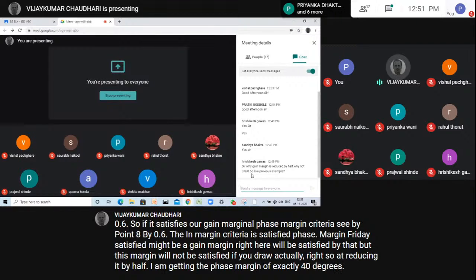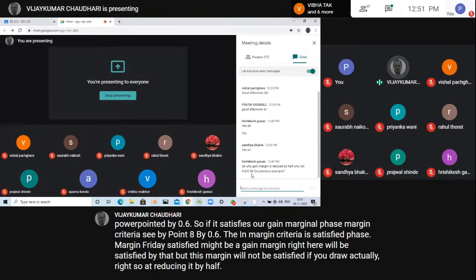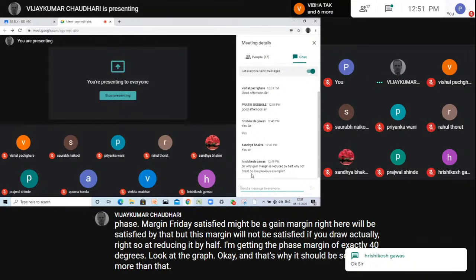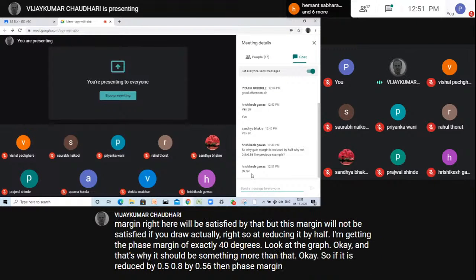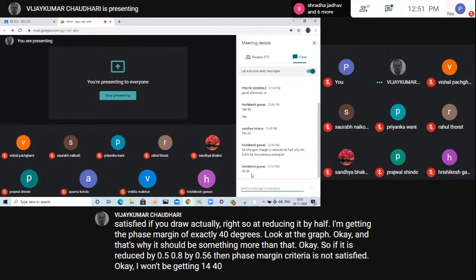Look at the graph. That's why it should be something more than that. If it is reduced by 0.8 by 0.56, then the phase margin criterion is not satisfied. I won't be getting a 40 degree phase margin, so it's something more than that.